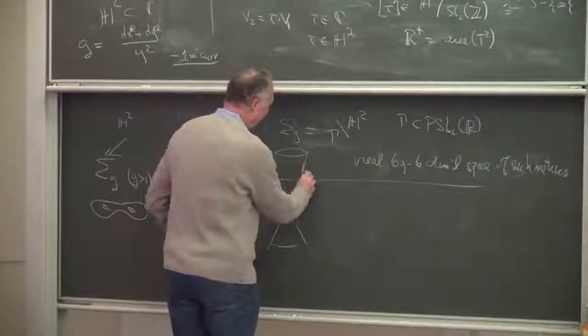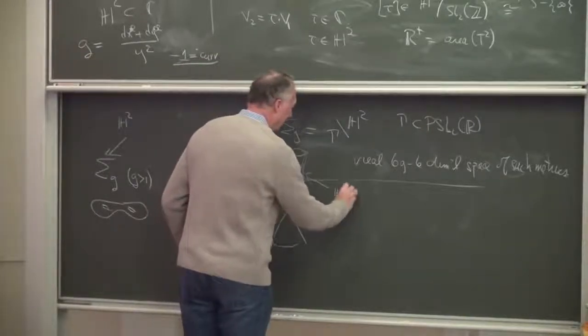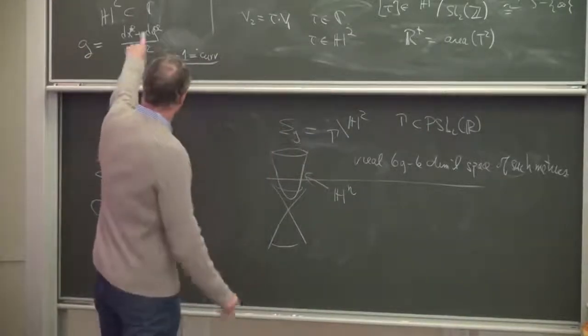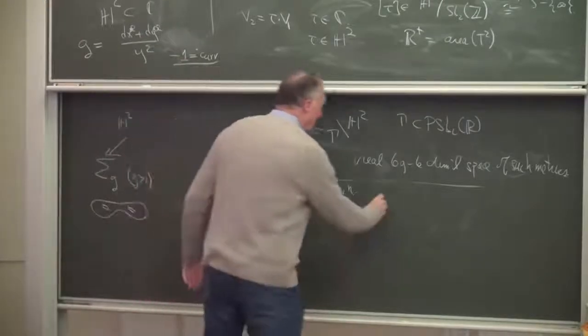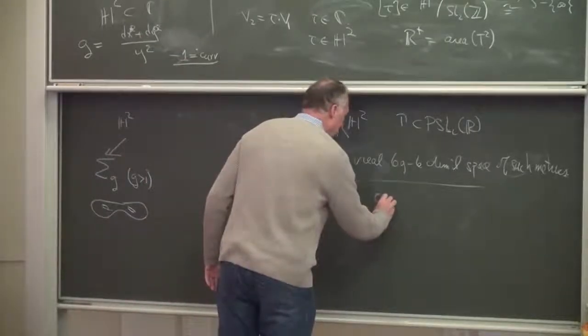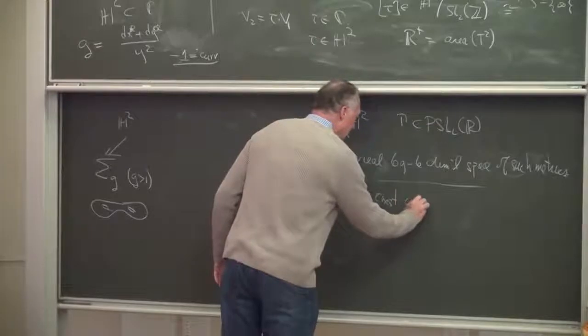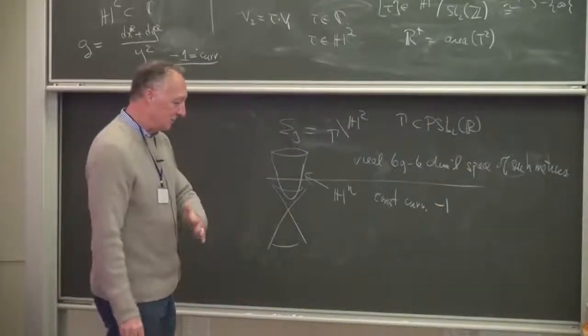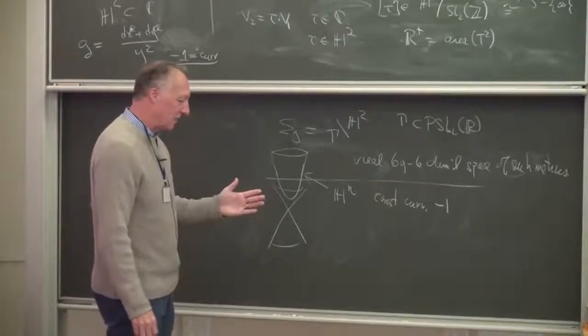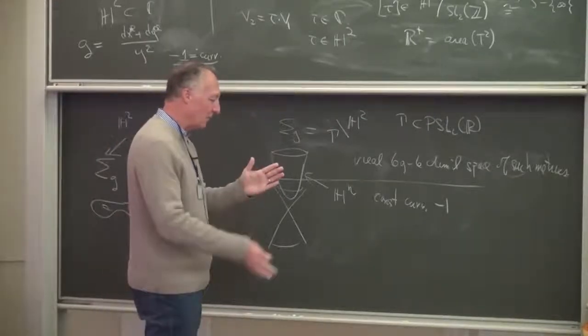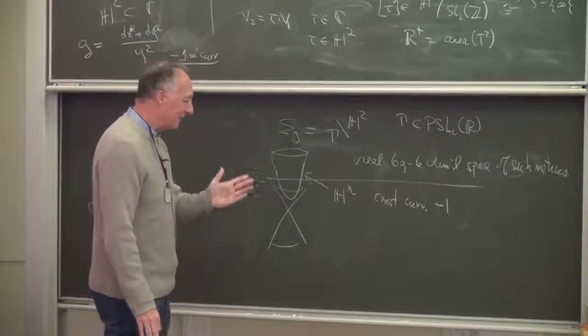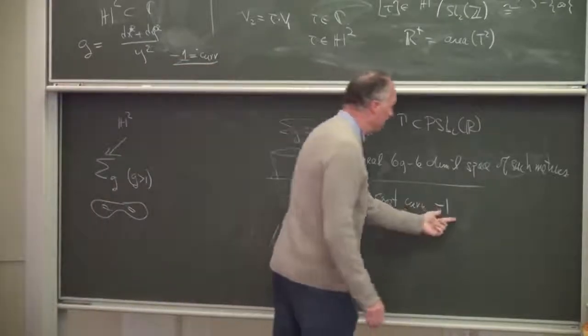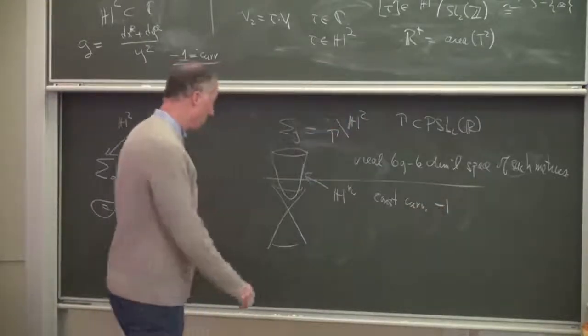It has a metric analogous to this one, hyperbolic, constant curvature minus 1. So there's an orthonormal basis in which the Riemannian curvature is diagonal with all sectional curvatures minus 1. Every sectional curvature is minus 1.